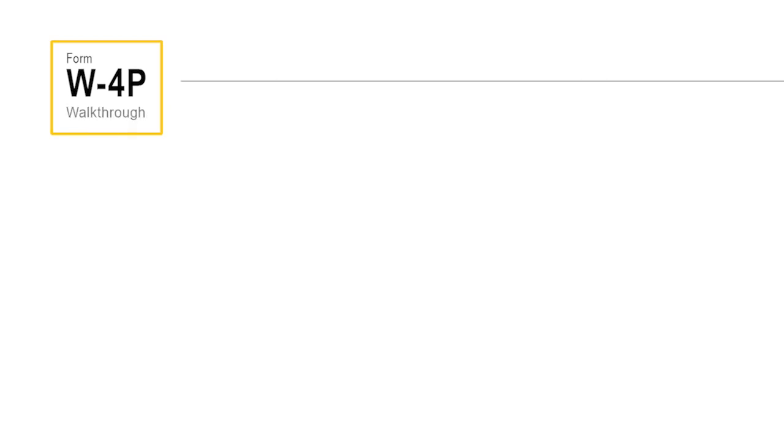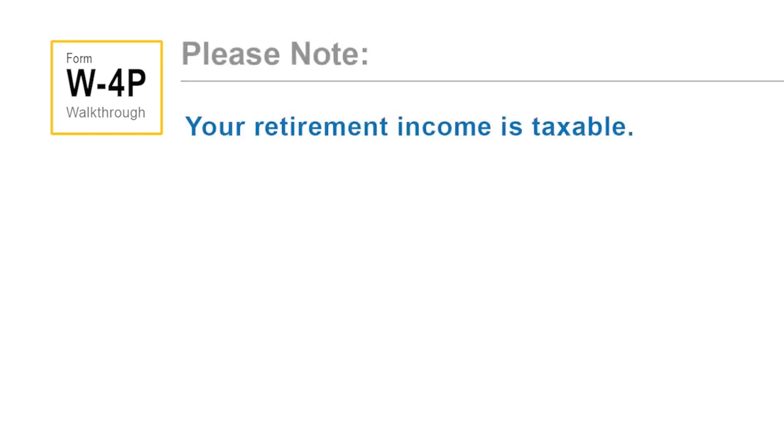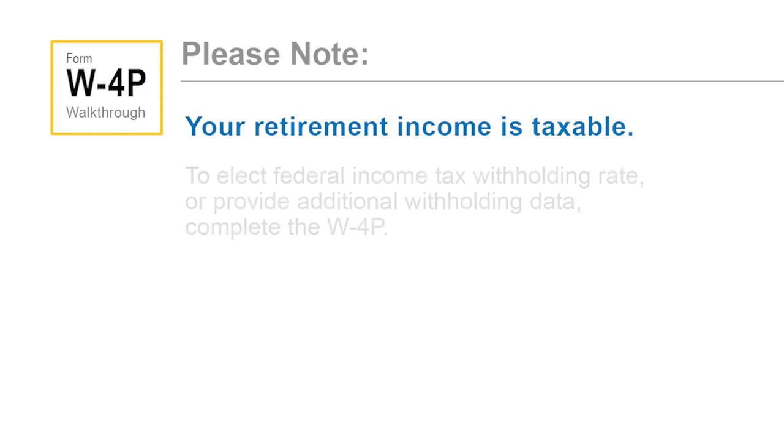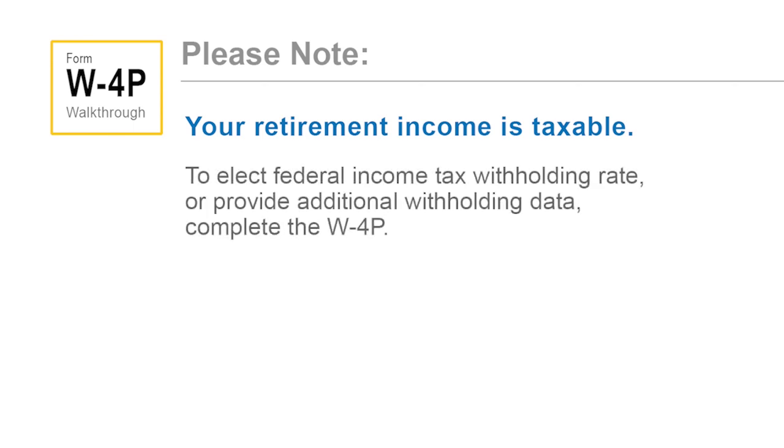Now, for a walkthrough of the W4P for annuity payments. To begin, please note, your retirement income is taxable. If you wish to elect your federal income tax withholding rate or provide additional withholding data, complete the W4P to elect your federal income tax withholding designations.